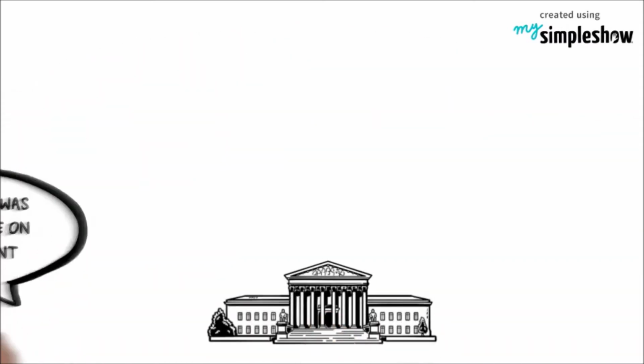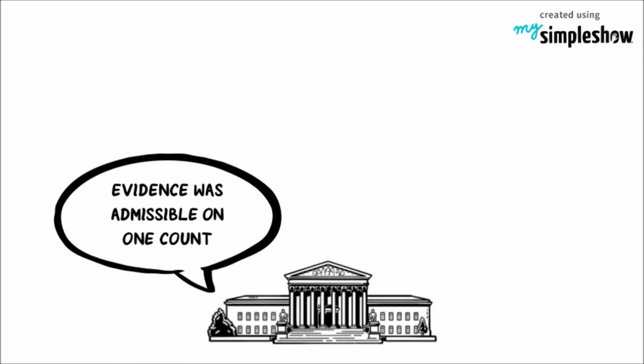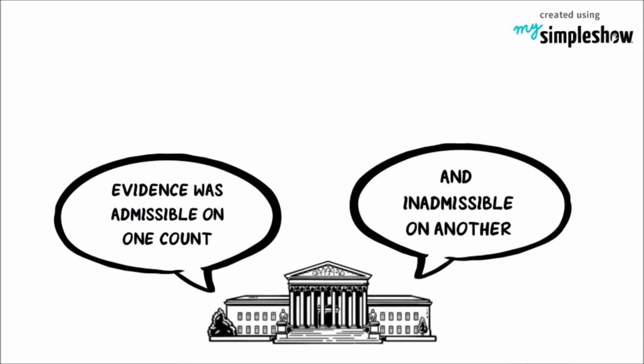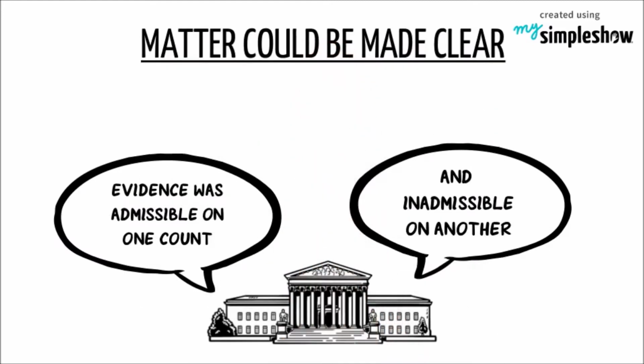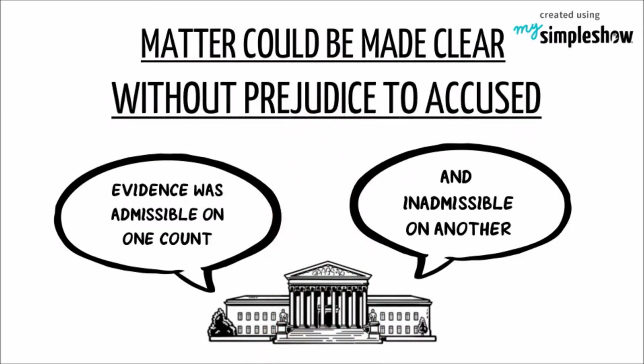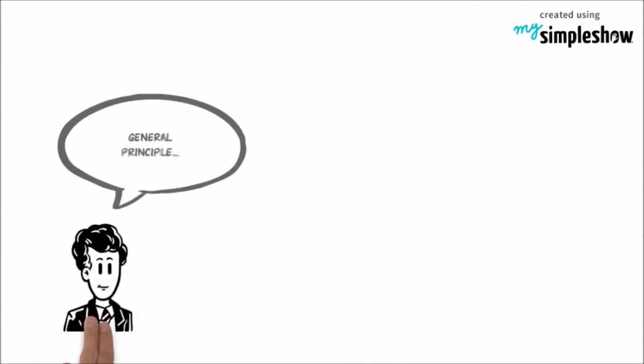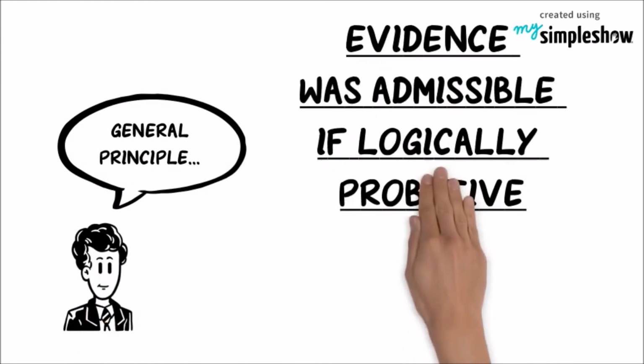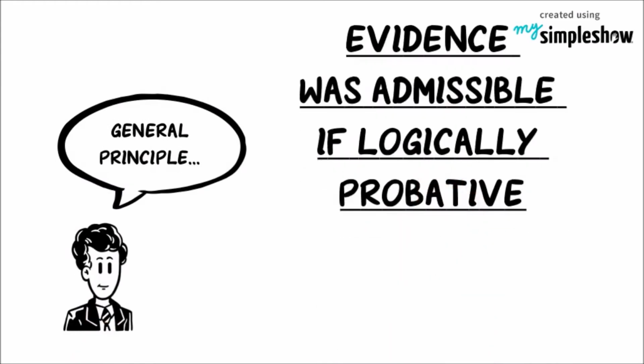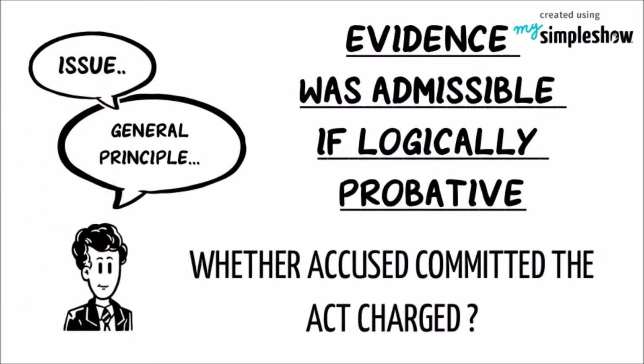The court held that the mere fact that evidence was admissible on one count and inadmissible on another was not, by itself, a ground for separate trials, because often the matter could be made clear in the summing up without prejudice to the accused. The general principle was that evidence was admissible if it was logically probative, logically relevant to the issue whether the accused had committed the act charged.